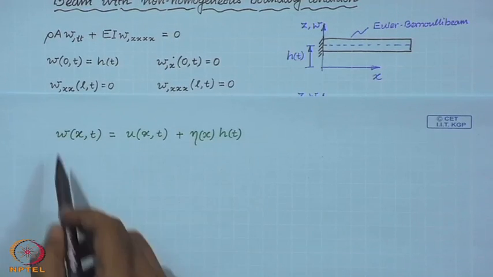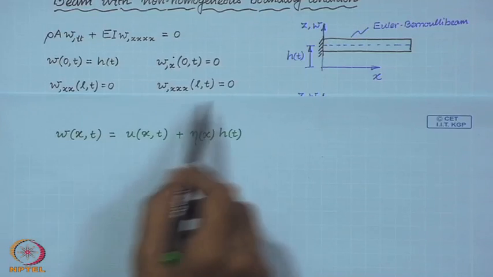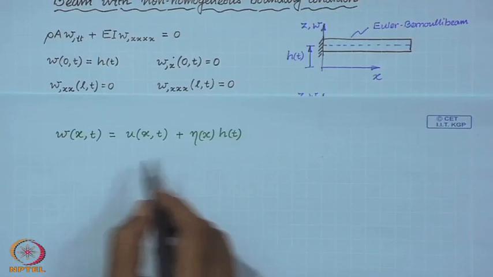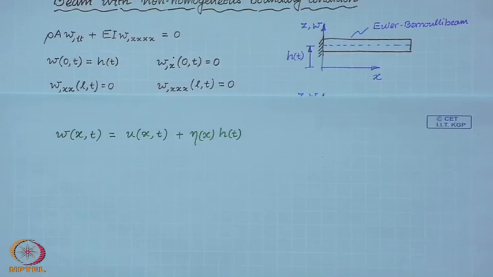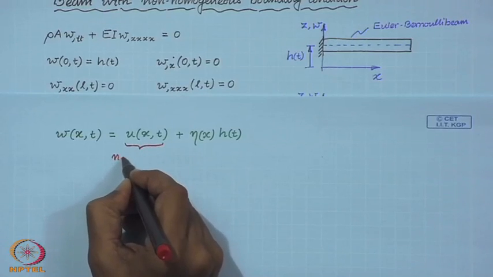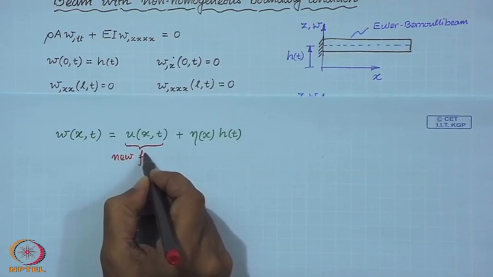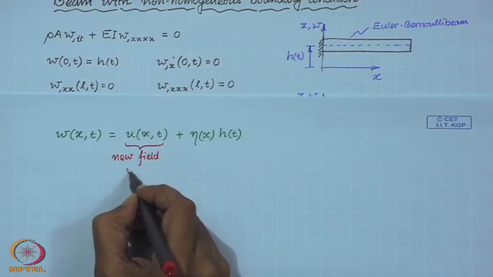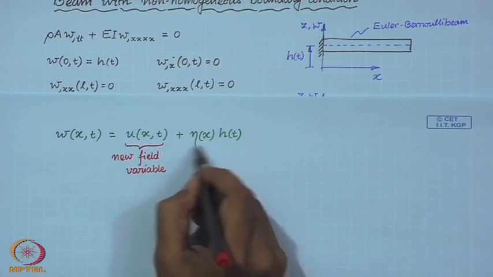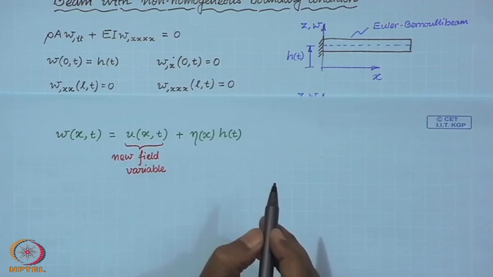Now, this structure is of course motivated by the structure of the boundary conditions. So, this is a new field variable, and this function is as yet unknown.